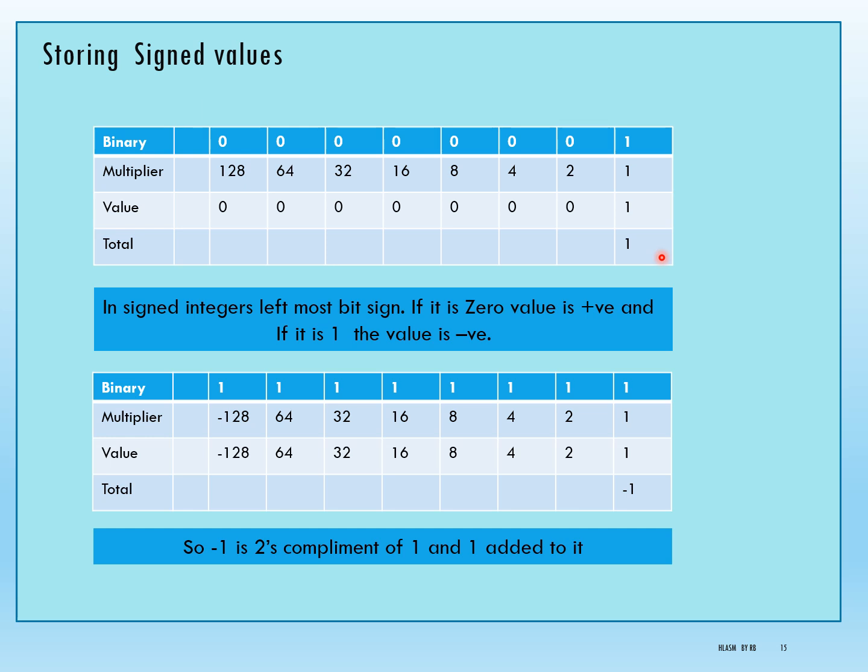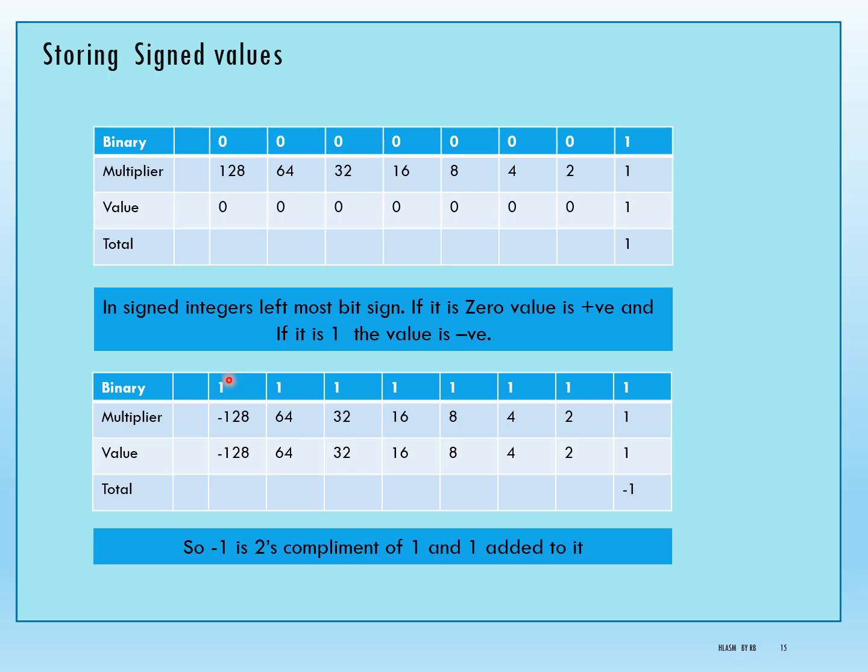Now let us say I have a binary value with all ones. Ideally, we assume this is going to be a very large number because these are all ones. But let us do the mathematics. 2 power 0 is 1, so 1 into 1 is 1. 2 power 1 is 2, so 2 into 1 is 2. 4 into 1 is 4. 8 into 1 is 8, and so on.